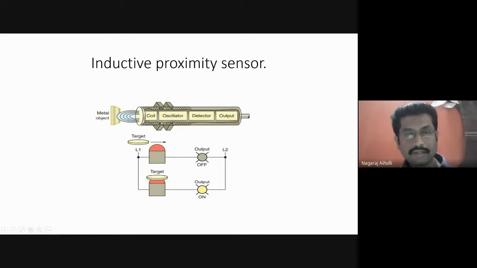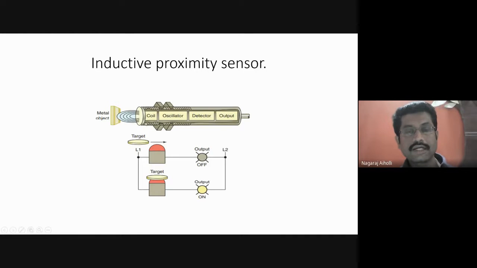When the current is passed through this coil, oscillations are generated by the coil and the oscillator arrangement. These two make the generation of the oscillations, and these oscillations or electromagnetic waves are sent from this portion of the inductive proximity sensor towards the object.